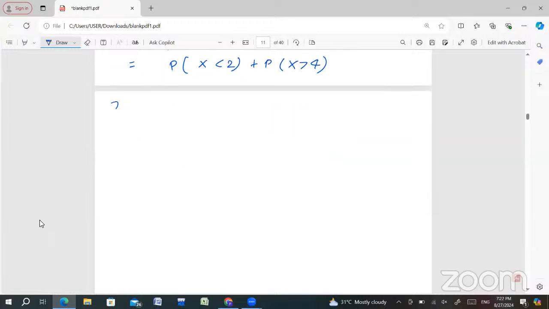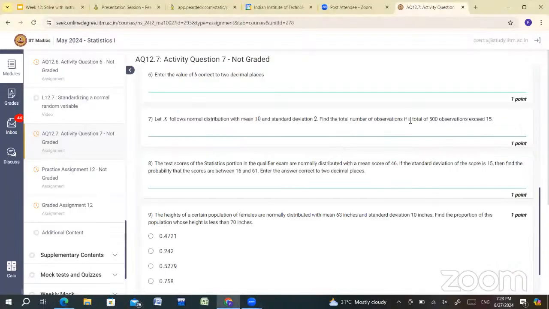So x is following a normal distribution with mean 10 and standard deviation 2, and we have to find the probability that x exceeds 15.